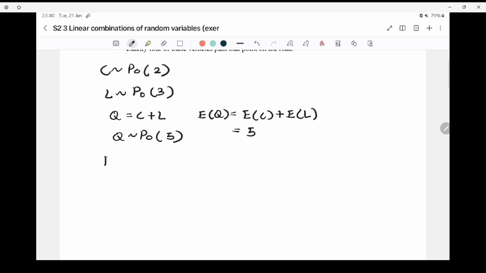So what you need to find is P(Q = 4). You just plug into the equation: e to the power minus 5, 5 to the power 4, over 4 factorial. If you calculate this, it is 0.1755.